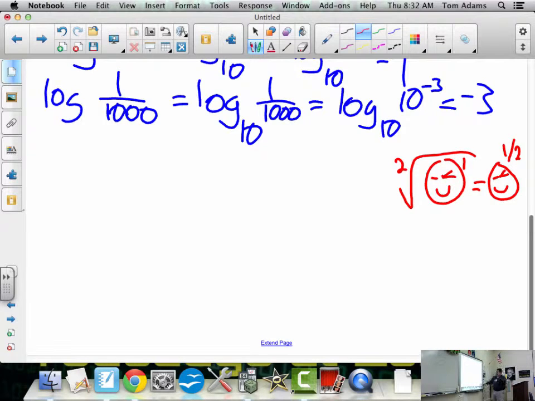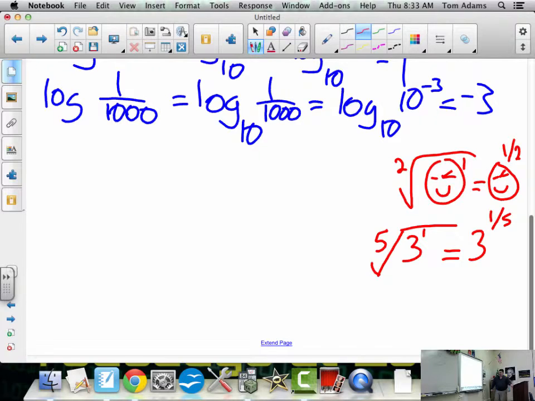Now, where we get that from is that if I want to take, say, the 5th root of 3, well, that's really the same as 3 to the first power, so I could rewrite that as 3 raised to the 1 over 5.